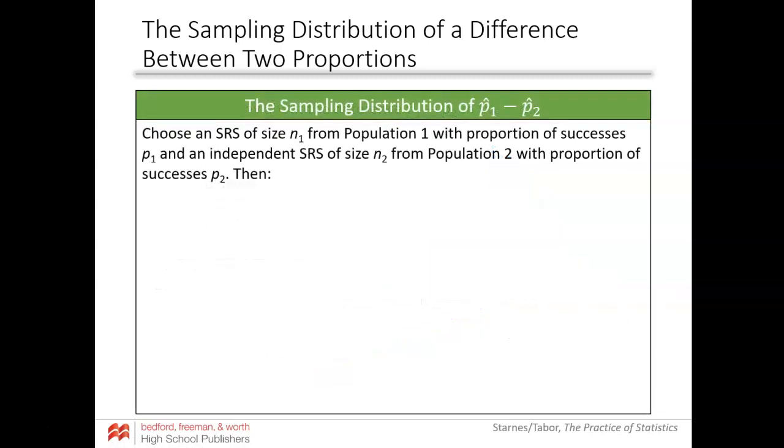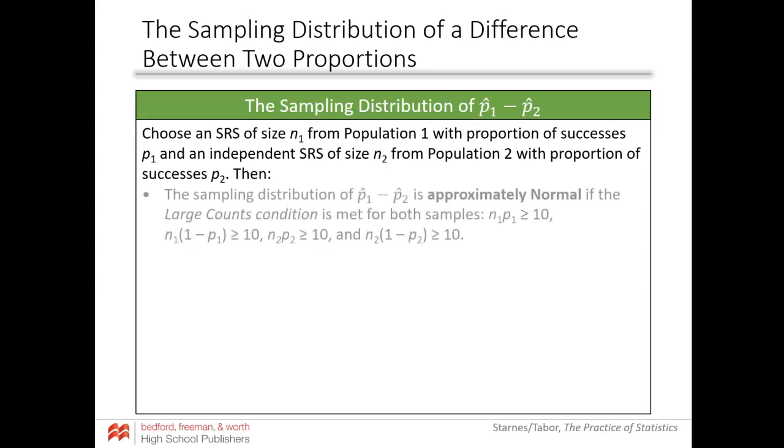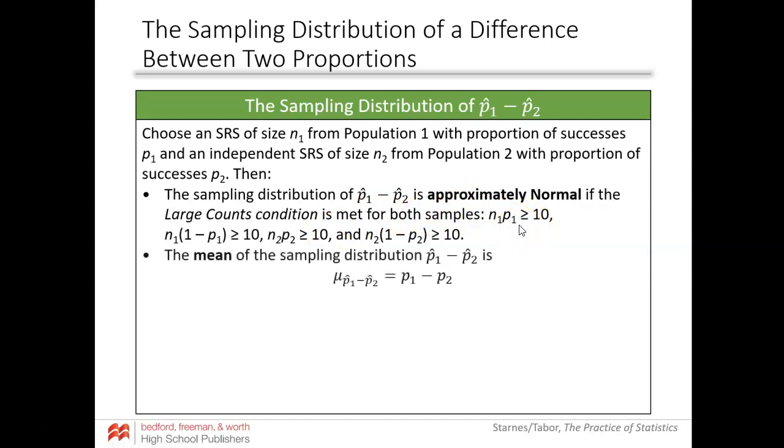All right, so what did we just find out? Well, if we have a sampling distribution where we're trying to find the difference between two proportions, then the sampling distribution is approximately normal if you can check the large counts, and it has to happen for both of the populations. So that's kind of annoying because you have to do twice the work. The mean of the sampling distribution is simply going to be the difference between the two p-values from the populations.